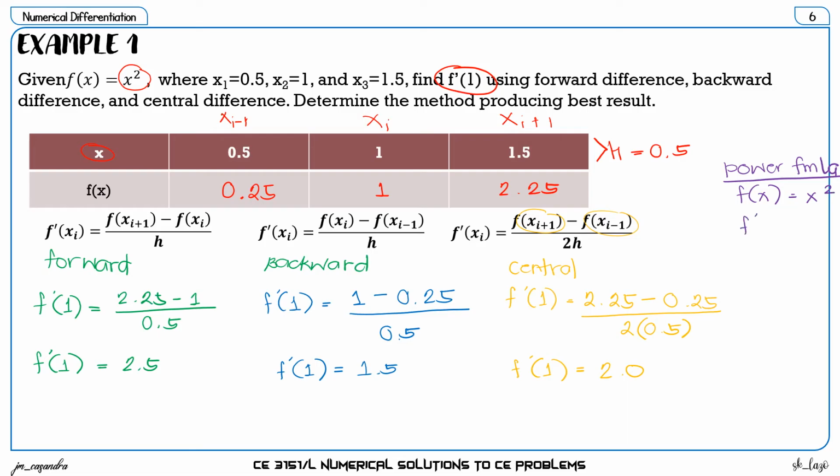Therefore, f prime of x is equal to 2x, in which you take the slope or the derivative when x is equal to 1. So that is 2 times 1, giving us a value of 2. Meaning the method that gives us the best result will be the central difference.